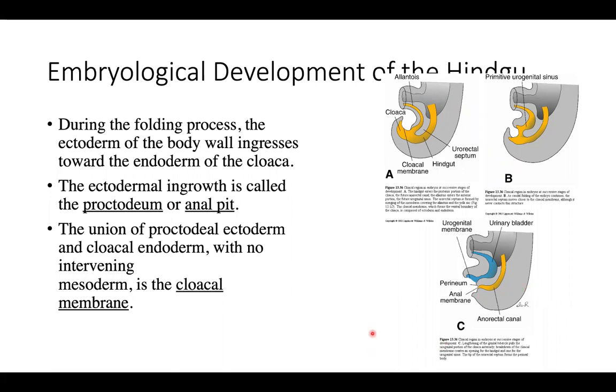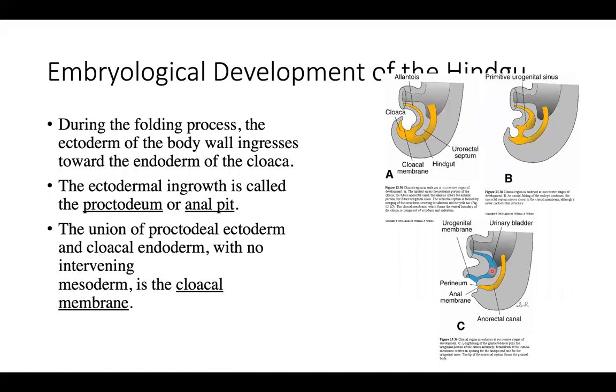So the anal membrane is now called proctodeum or anal pit. Whether you are referring to cloaca or anal membrane or the urogenital sinus, you remember that the inner part is lined by the endoderm, because the endoderm gives rise to most of the epithelia of the hollow organs.